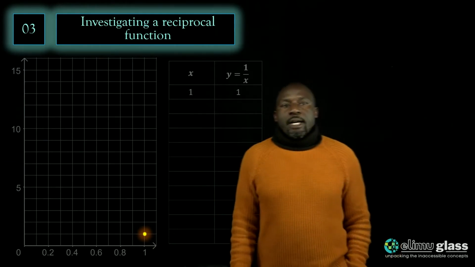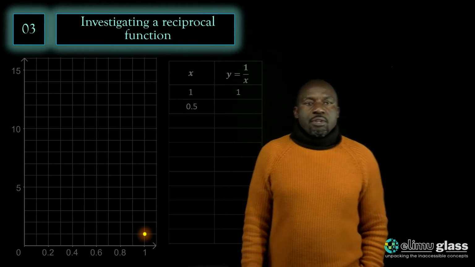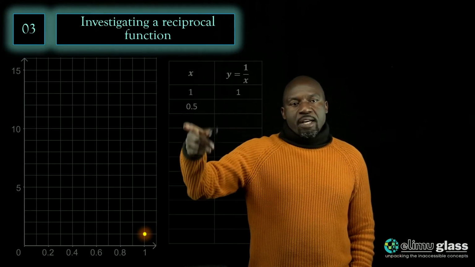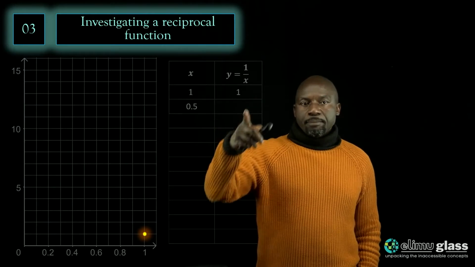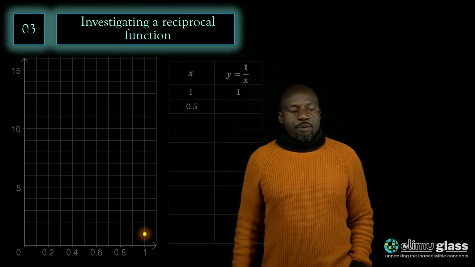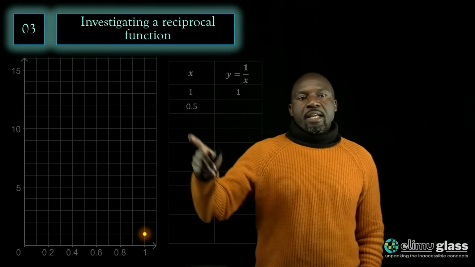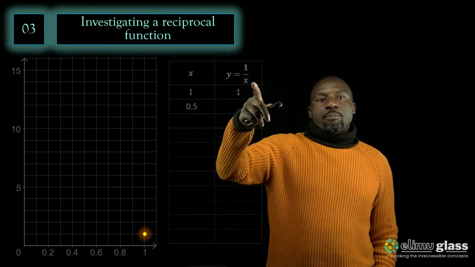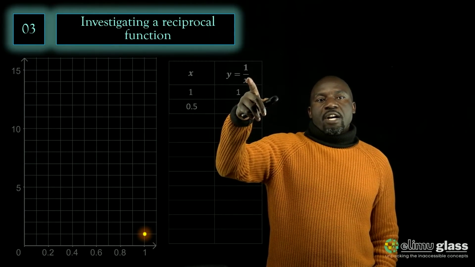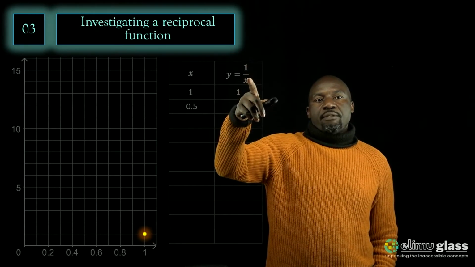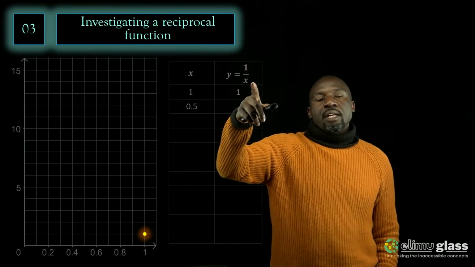All right. What if I use 0.5? I'm making x smaller and smaller. I want to see what's happening to y. If I make x 0.5, 1 divided by 0.5 is 2. I hope you know that. You can check on your calculator if you must, all right?